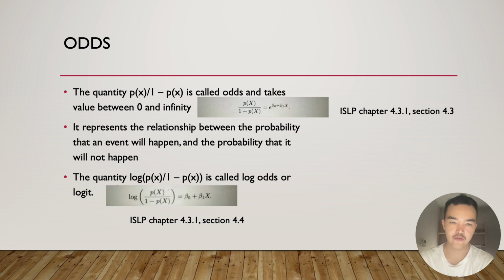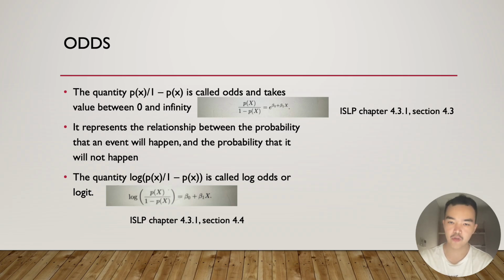Now the next concept is the odds. The quantity p(x) divided by 1 minus p(x) is called odds. It shows us the relationship between the probability that an event will happen and the probability that the event will not happen.